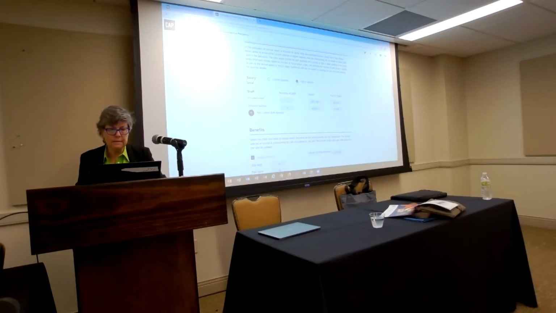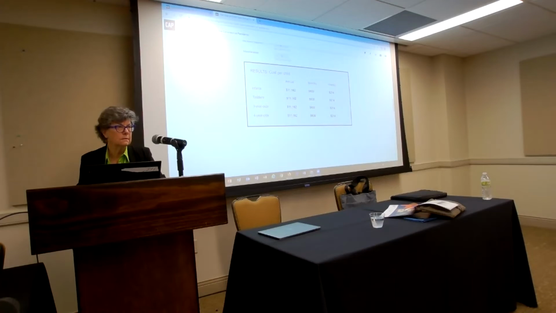But what you see here is at current salaries with 6 children fully enrolled, the cost per child is $9,600. With higher wages, the cost per child is $11,000.